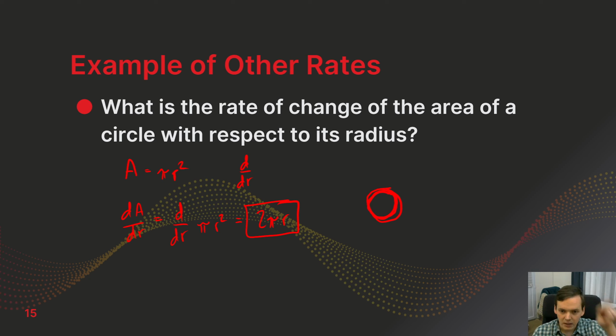Well, it has a length of 2 pi r, the circumference, and a width of essentially nothing. So the area we get is 2 pi r length with an infinitesimally thin radius. And so that's how much we're adding as r gets bigger. So that covers rates of change in the general form.